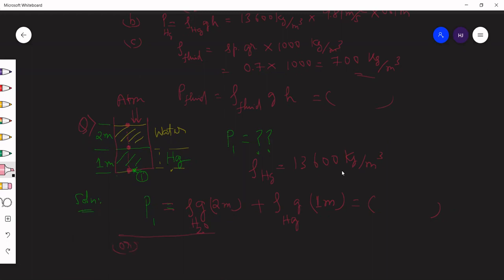When you are on the surface at A point, at B point, at C point, and sorry, 1 point, okay, 1. When you are at A, what is the pressure? P atmospheric. As you are going down to B, your pressure is increasing by how much amount?